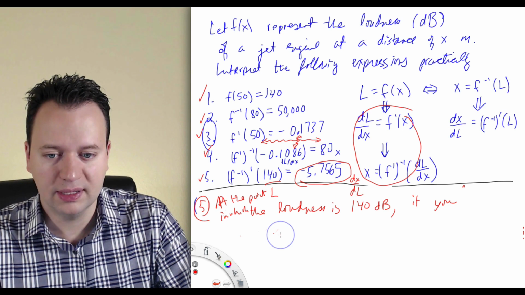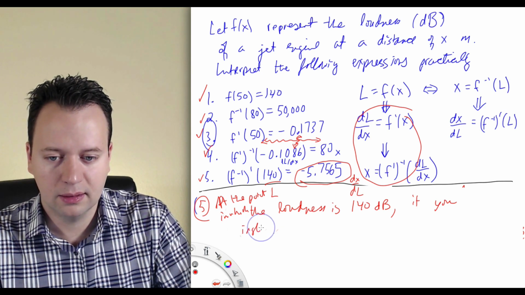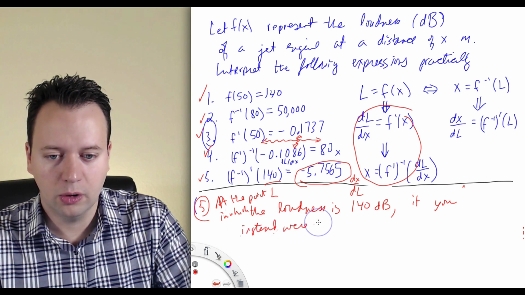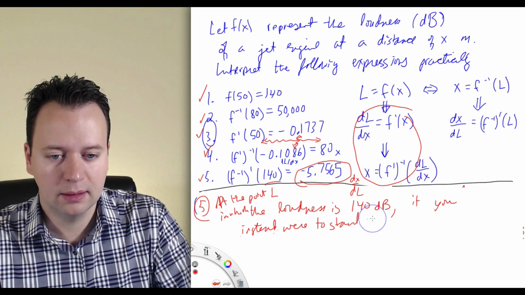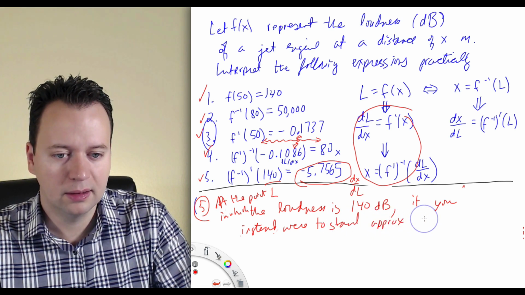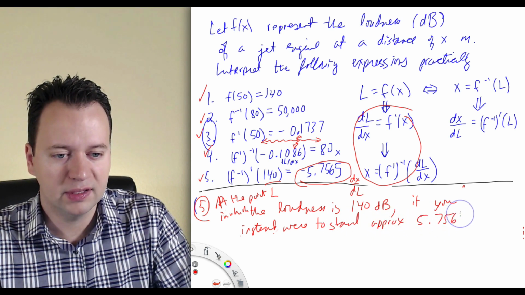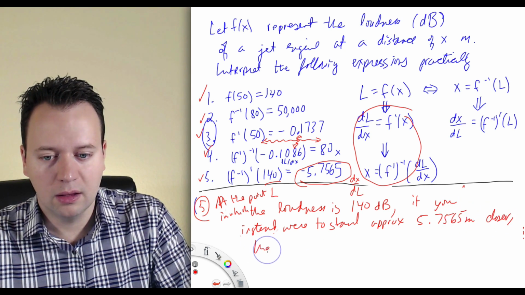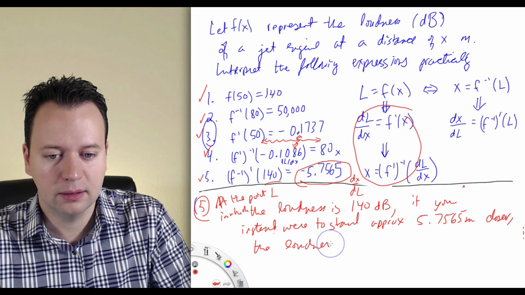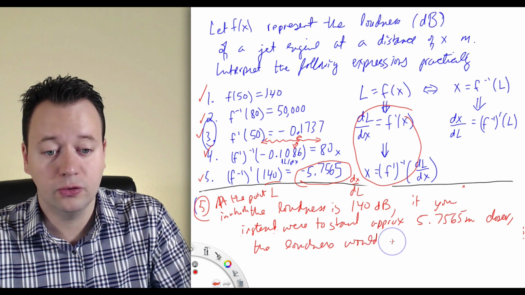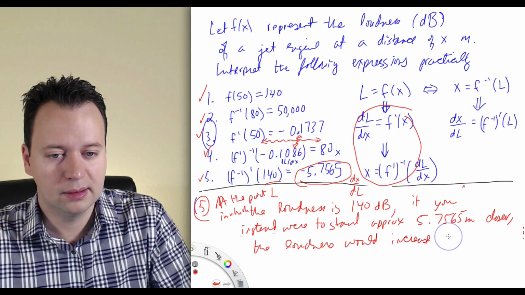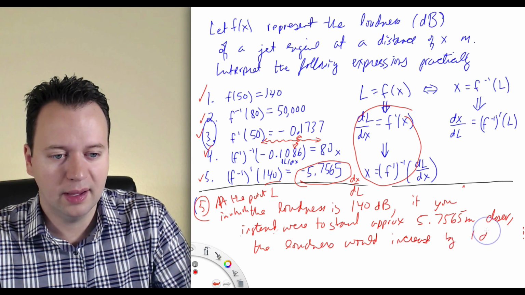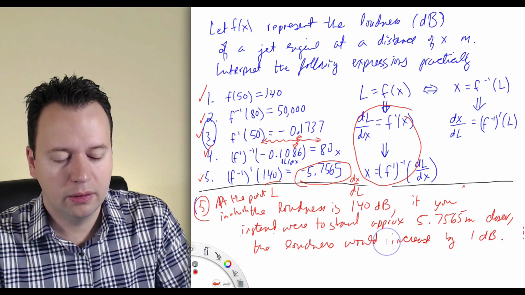So if you instead were to stand approximately 5.7565 meters closer, the loudness would increase by 1 decibel. Right?